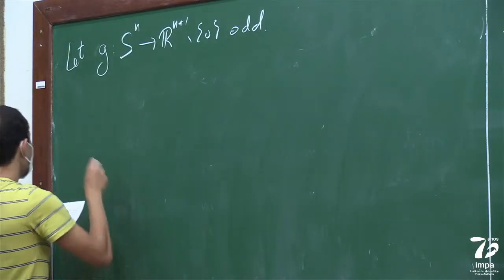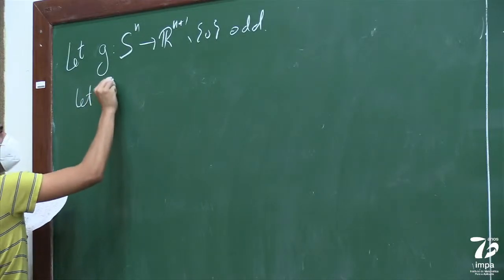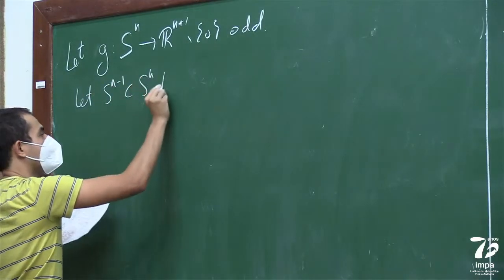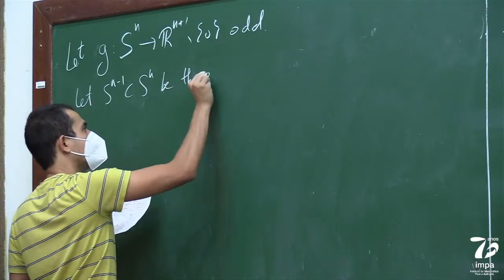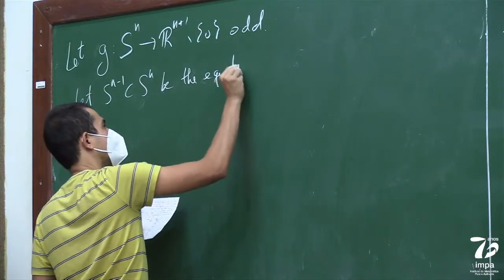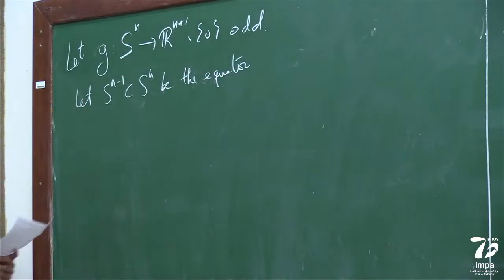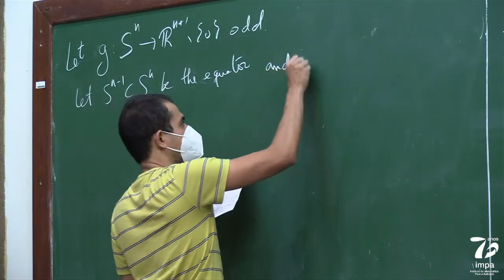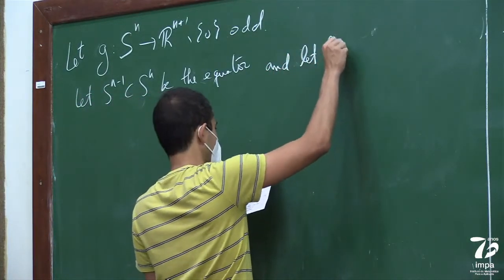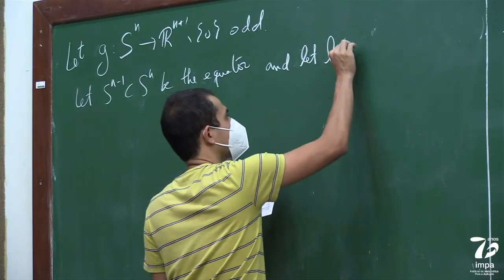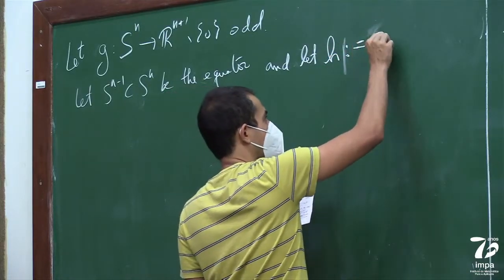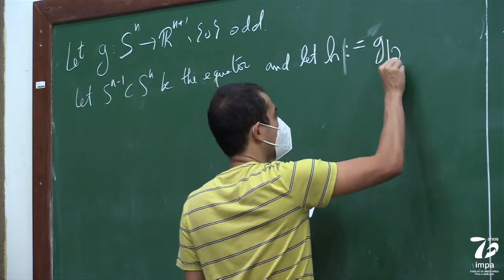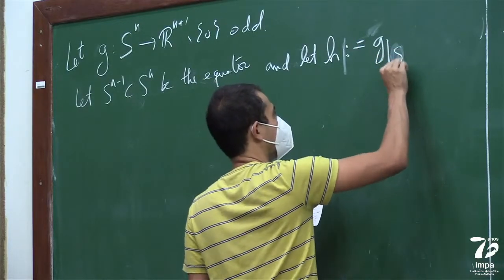Okay, so let Sn minus 1 inside of Sn be the equator, so the intersection of Sn with your usual first n minus 1 coordinates, and let h be, so now I'm redefining these letters, g restricted to the equator.